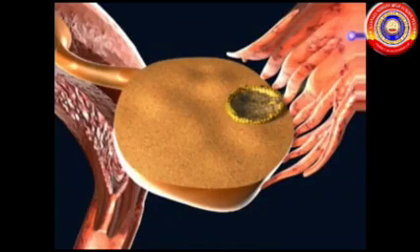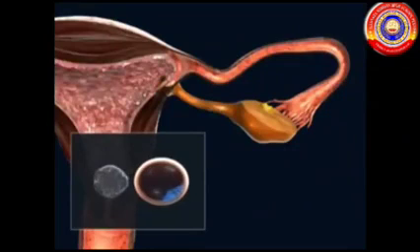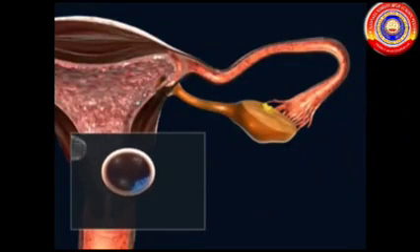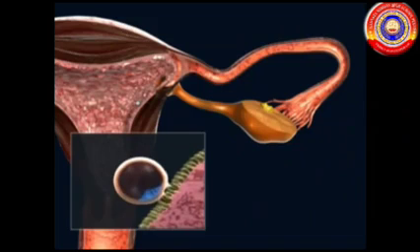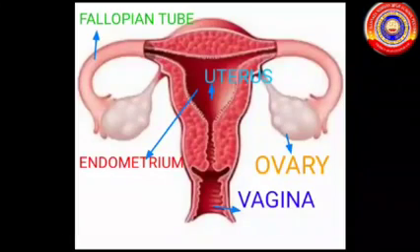The third part is uterus, where the fetus completes its growth. The next part is endometrium, the inner layer of uterine wall. The fetus grows by adhering to the endometrial wall. The last part is the vagina, through which uterus opens out. The sperms are deposited here.